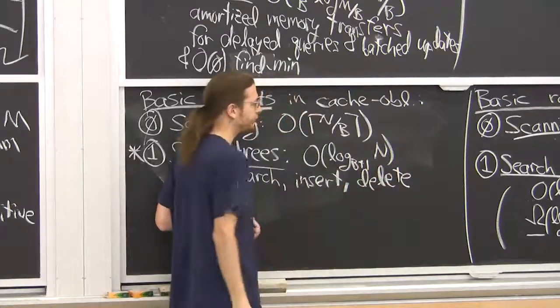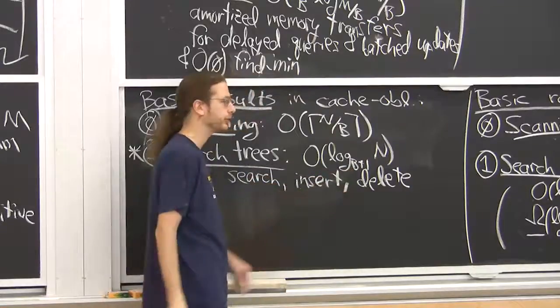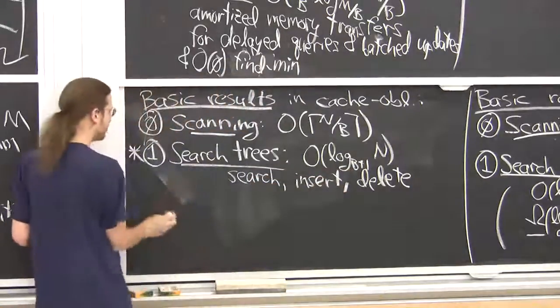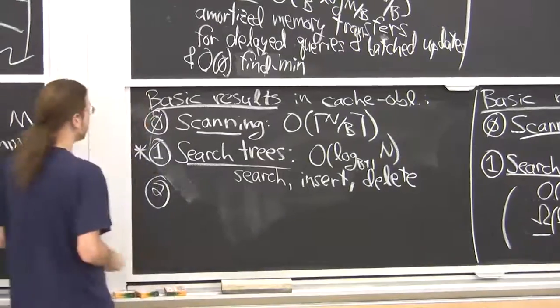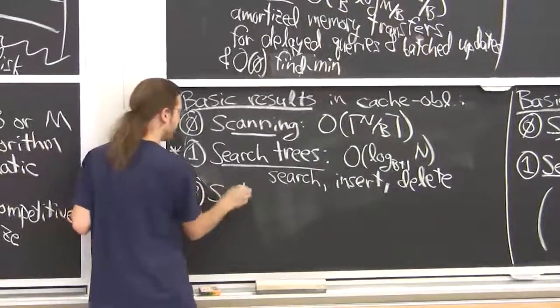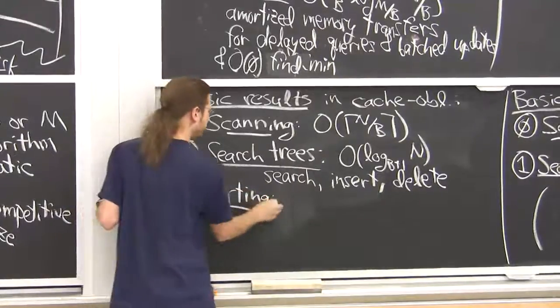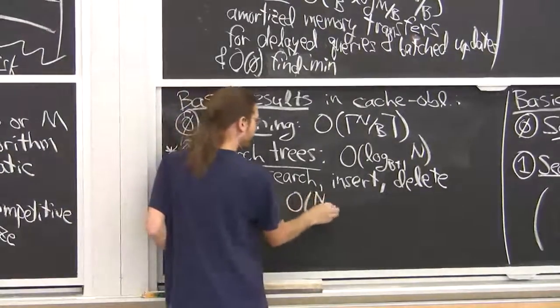Just like B trees, but without knowing what B is. We're going to do most of that today. What's next? Sorting. Sorting, you can do the same bound. That we'll see next lecture.